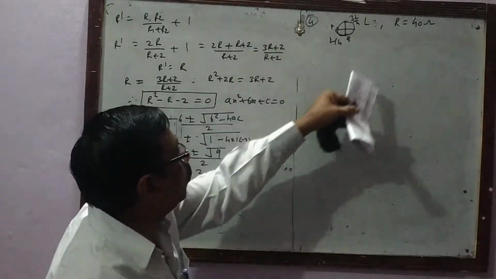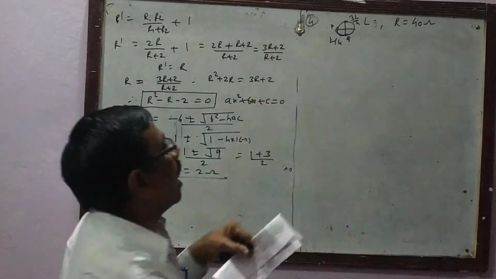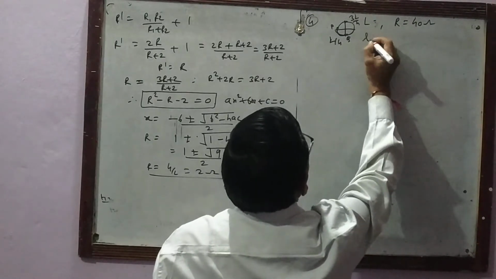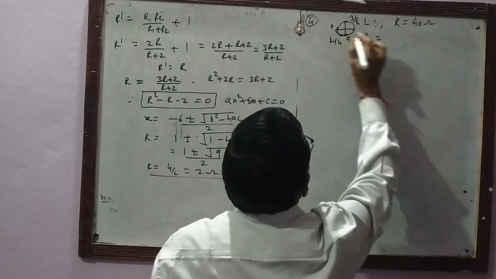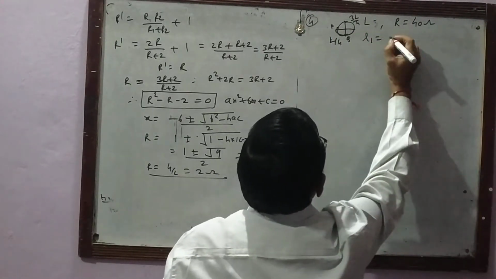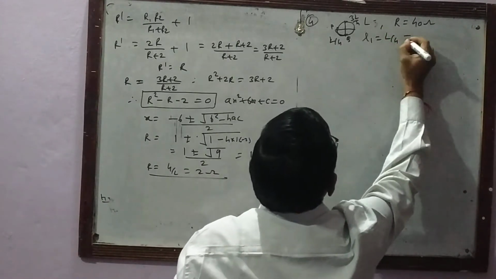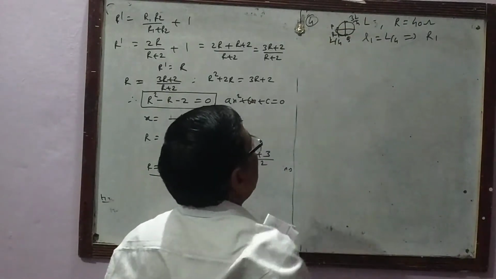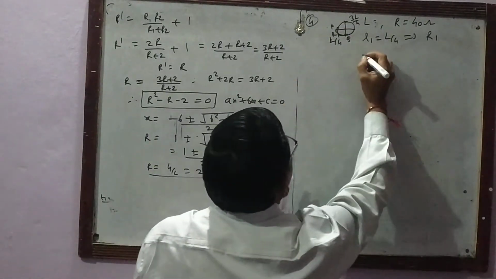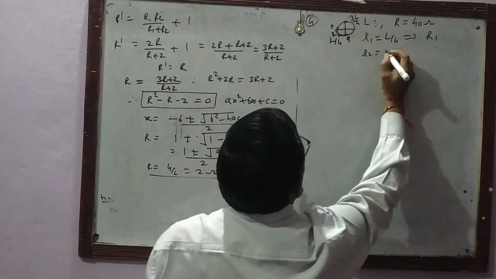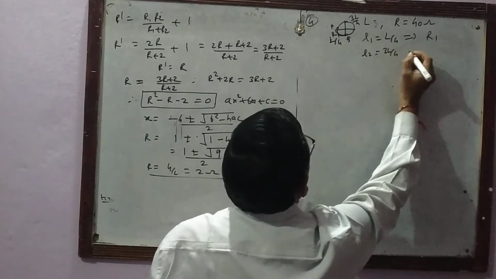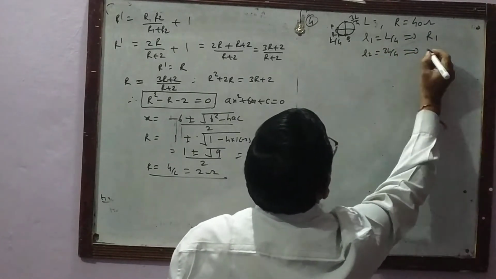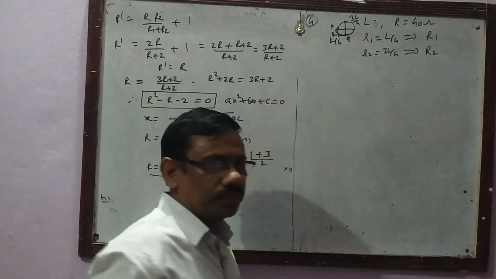And therefore, this circular loop is divided into 2 parts. The first part has length L1, that is L by 4, and has resistance R1. The remaining part has length L2, that is 3L by 4, and has resistance R2.